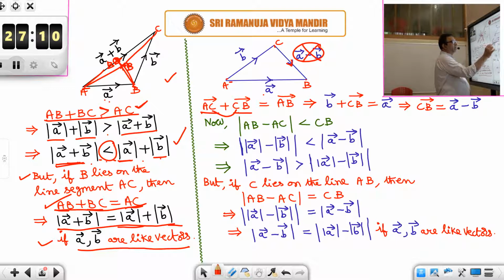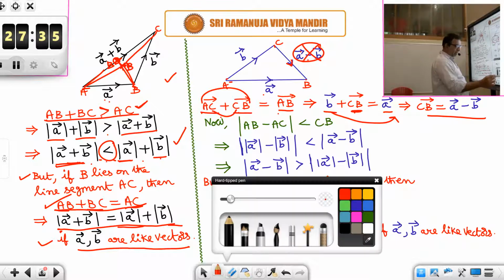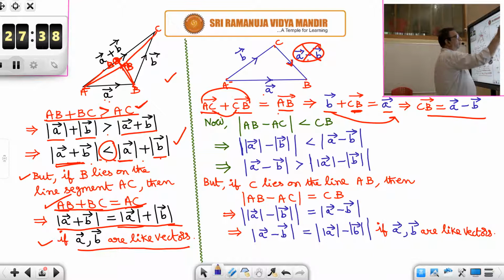AC bar plus CB bar is equal to AB bar finally. But AC bar is B bar, see the diagram, plus CB bar is equal to AB bar, which in the diagram is A bar. So if you want CB bar, we have to take B bar to the right side. So CB bar is equal to A bar minus B bar. So now you write A bar minus B bar here. I am writing using blue color.